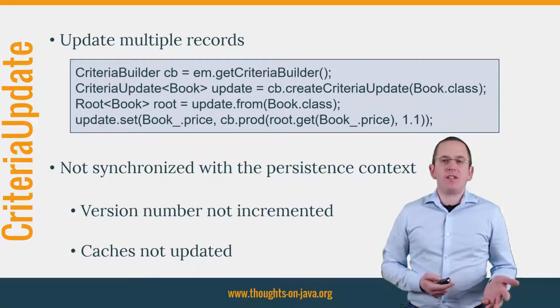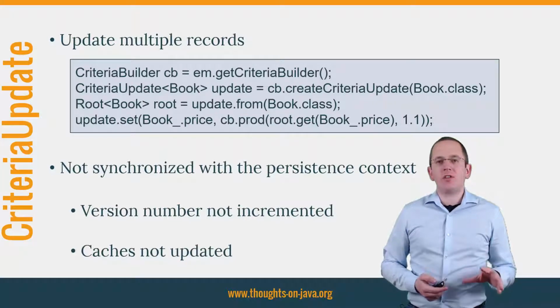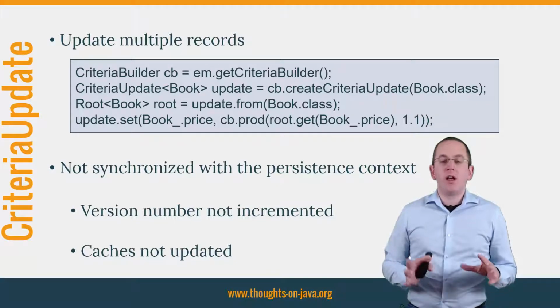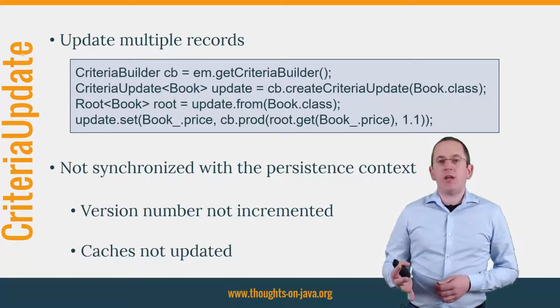You can define an update statement with the CriteriaUpdate interface. As you can see in the code snippet, the syntax is similar to the definition of a criteria query. But be careful. Hibernate directly maps these operations to database update statements.